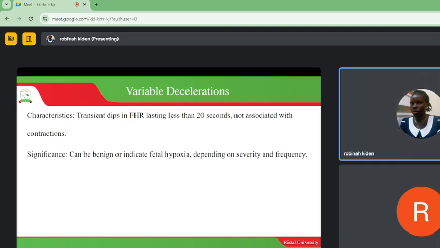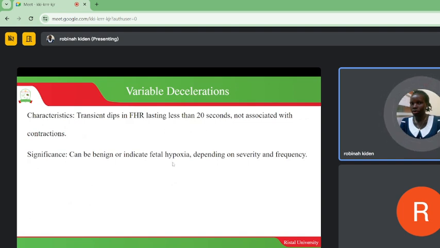when the heart rate for the fetus is taken, there is the deceleration. The heart rate is low, lasting for less than 20 seconds. It is not associated with any contractions.